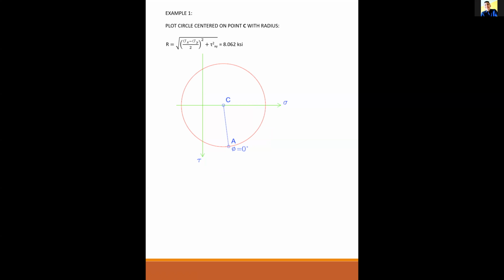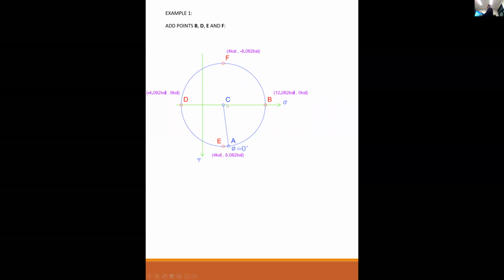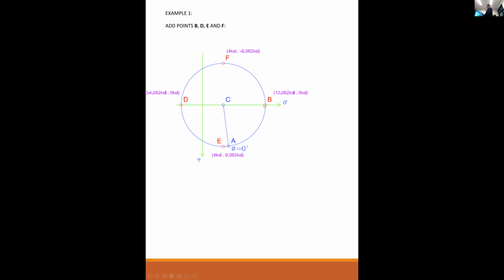Okay. So the radius of the circle, as I mentioned, is 8.062 KSI. So then we can find our points. A is our reference point, B, C is the center, D, E, and F. Each one of these points was found because they're on the perimeter of the circle, right? B is going to be 4 KSI, the average distance to C, plus the radius of 8.062.